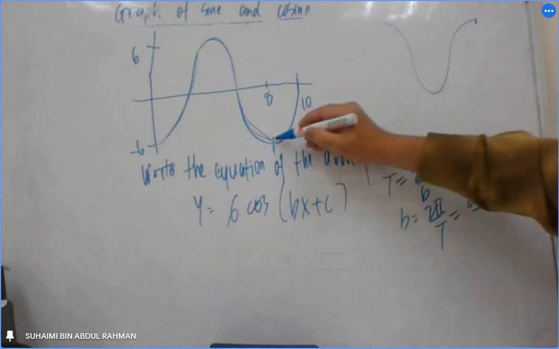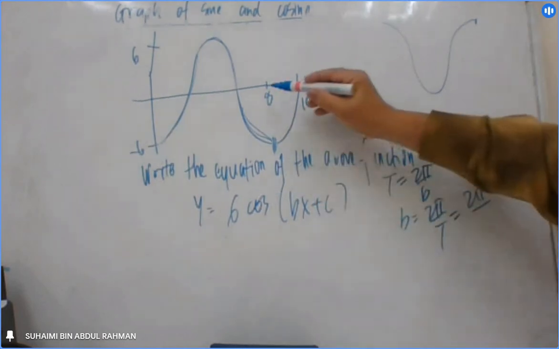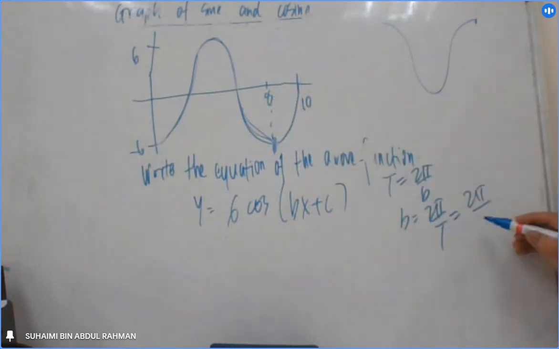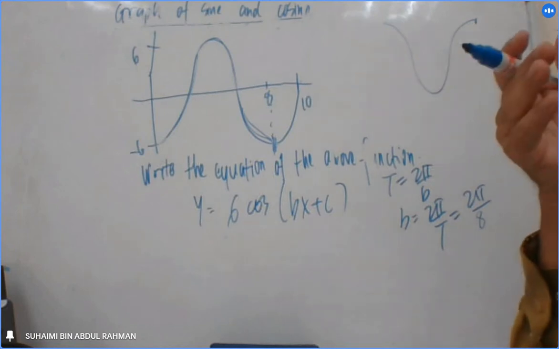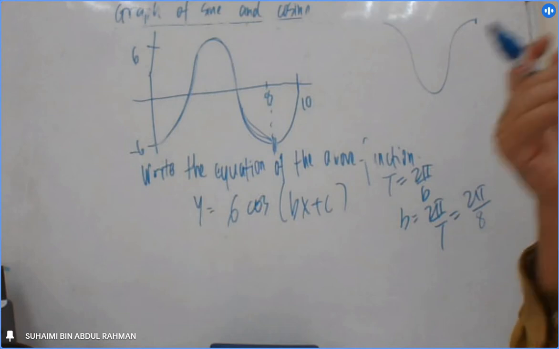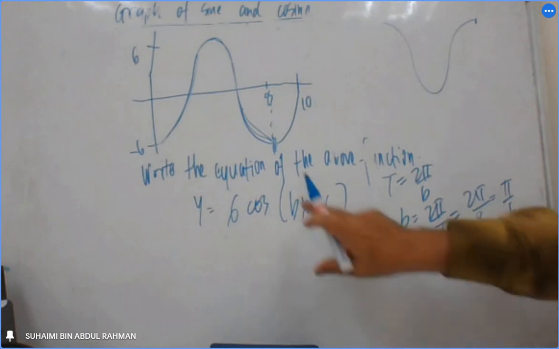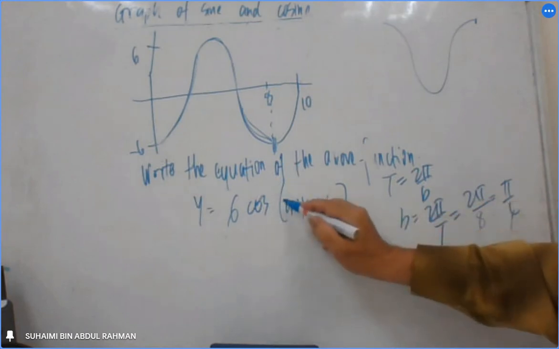Don't be confused by the question that says to sketch until 10. In fact, one period is only up until here, until A. You get me? Okay, right. So you get pi over 4.